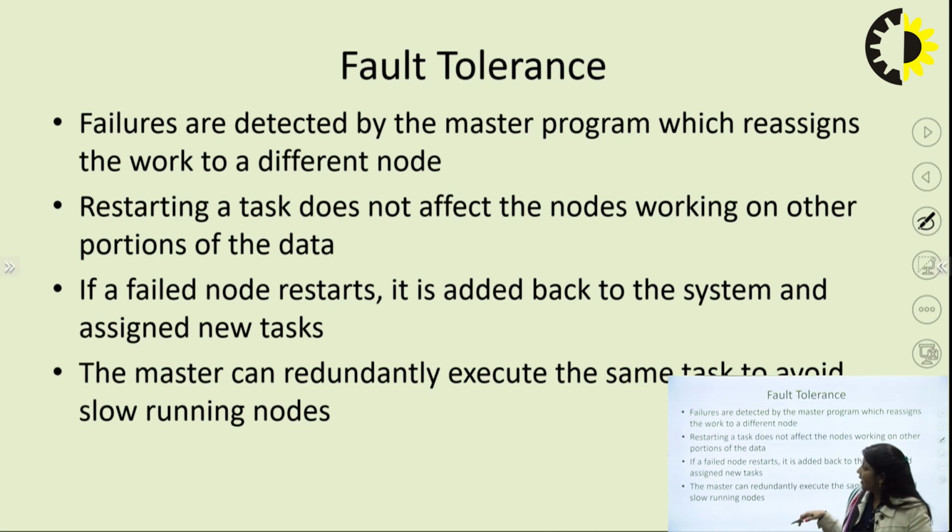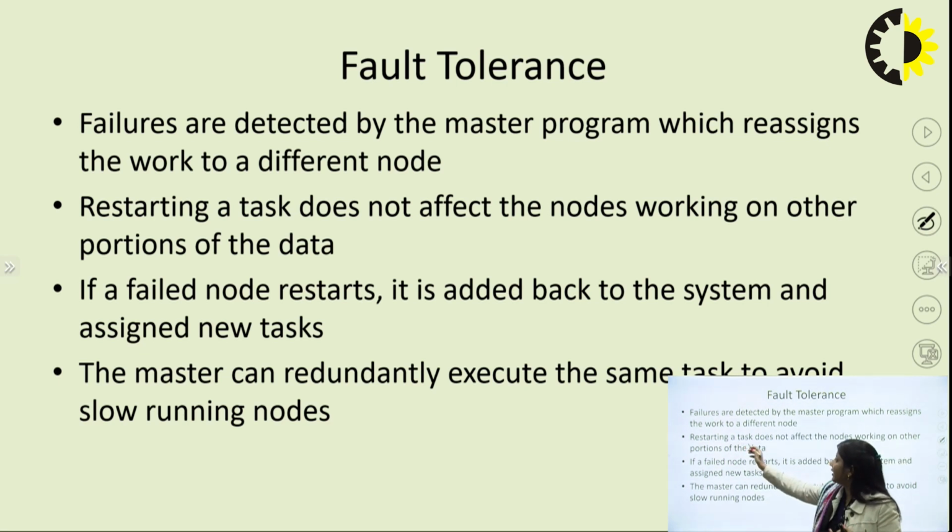And this Hadoop is a fault-tolerant technique, as failures are detected by the master program, which reassigns that work to a different node. This is the duty, or the task, of the master node. If there are different slave nodes and one node fails, then that task will be assigned to a different slave node.